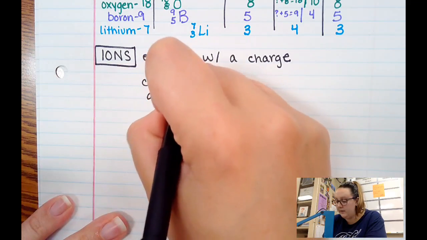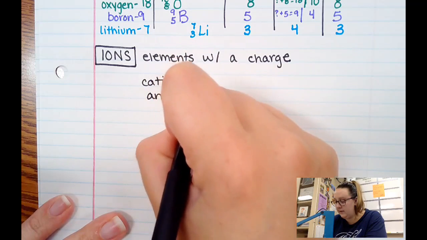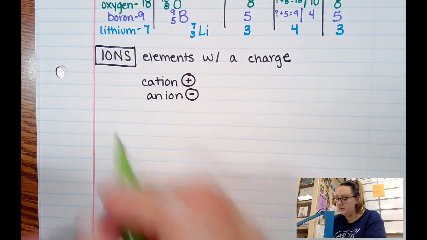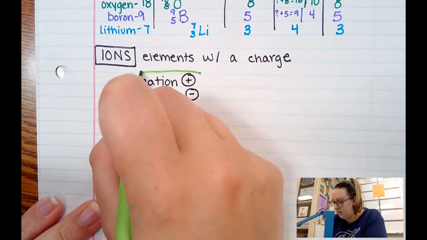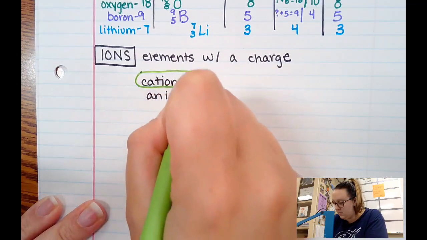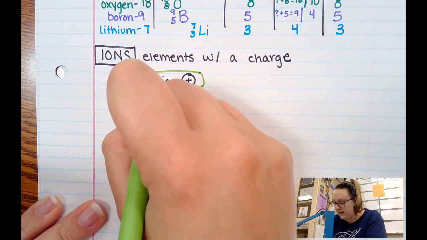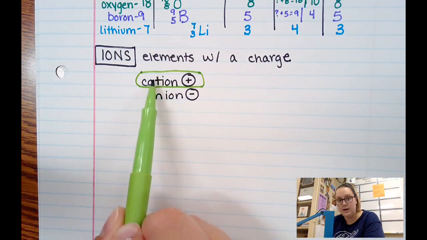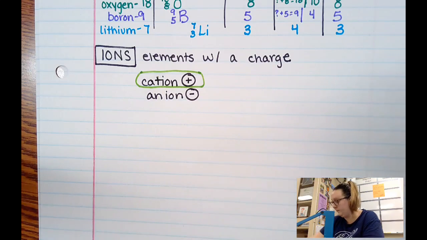Cations have a positive charge, anions have a negative charge. So whatever you have to do to remember that, I like to think of the cation having a plus sign in that T right there, and that helps me remember.